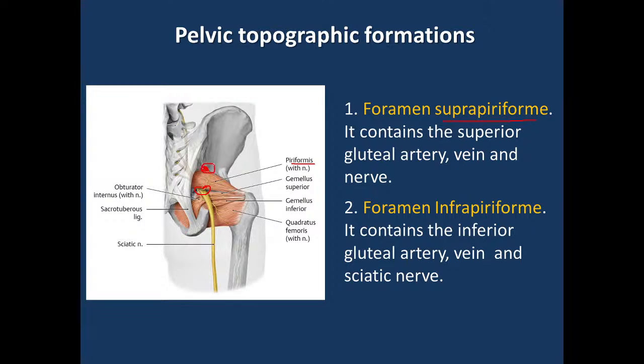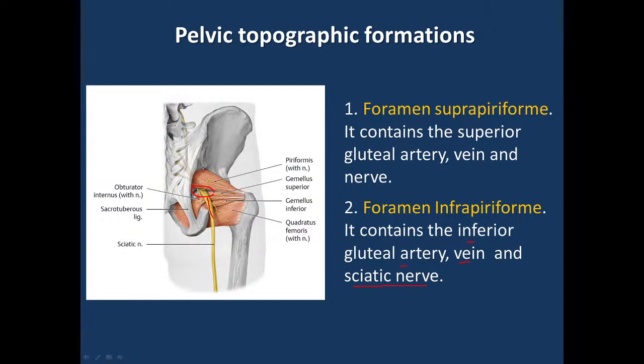It is here, number one, and it contains the superior gluteal artery, veins and nerves, but we also see the bigger foramen infrapiriforme, which contains the inferior gluteal artery, veins and sciatic nerve.